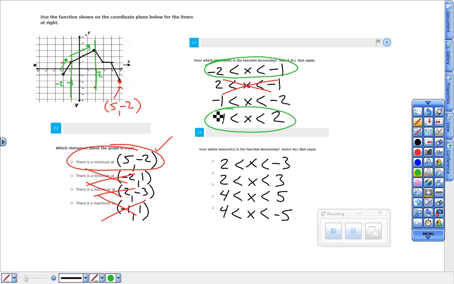Not -1 to -2. And then your decreasing sections got this section right here from +2 to +3. Don't pick this one, got negative. And then the other one from 4 to +5. And some of you are saying -5, but that's not -5 on the x-axis. From 4 to 5, positive.